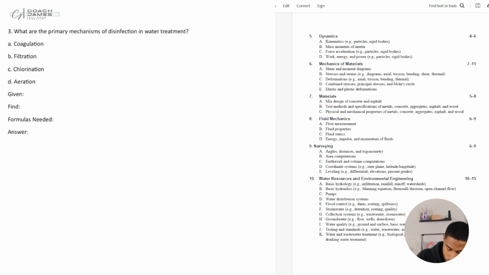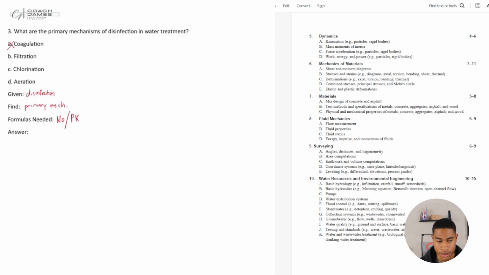All right, so we're given disinfection, and we're trying to find the primary mechanisms of disinfection in water treatment. All right, so is a formula needed? No, you need some prior knowledge.